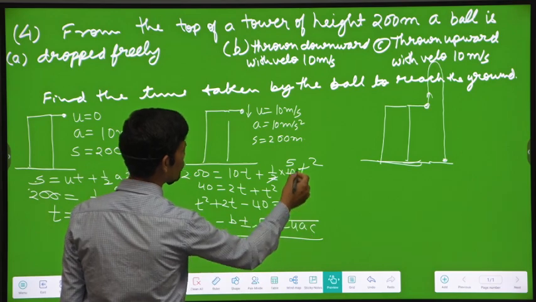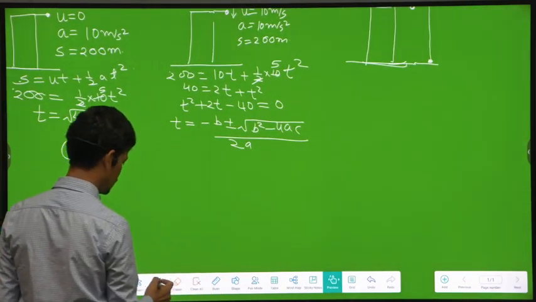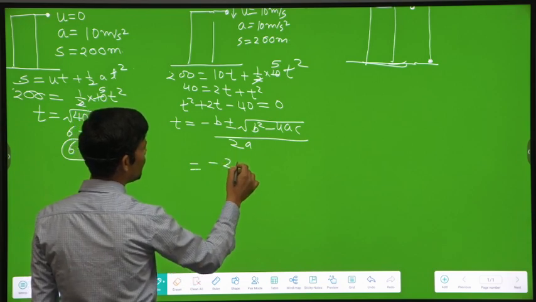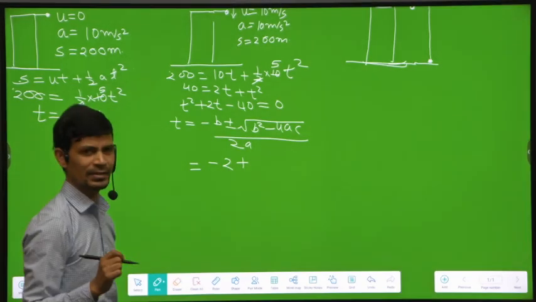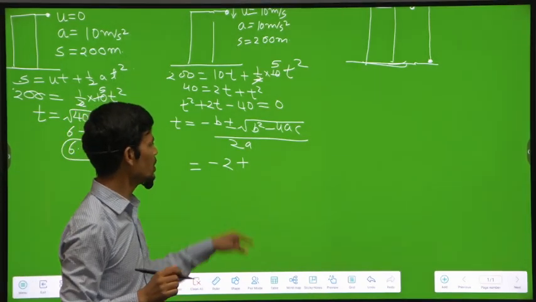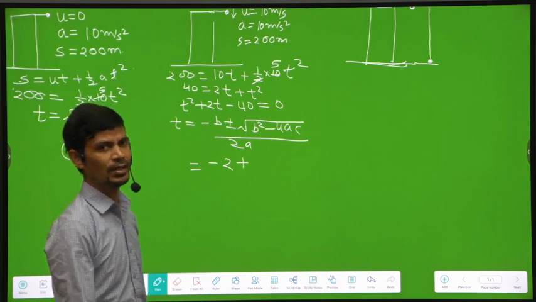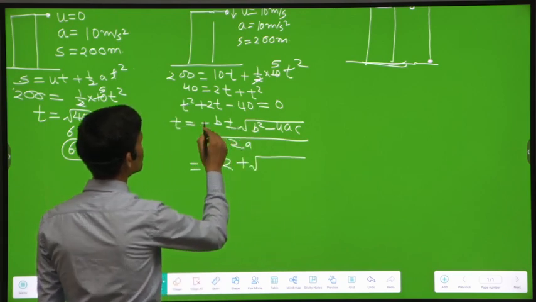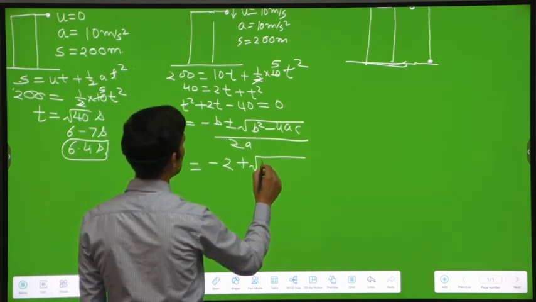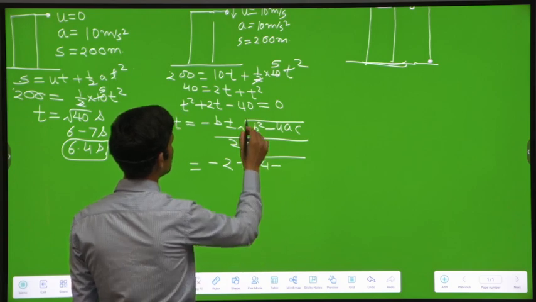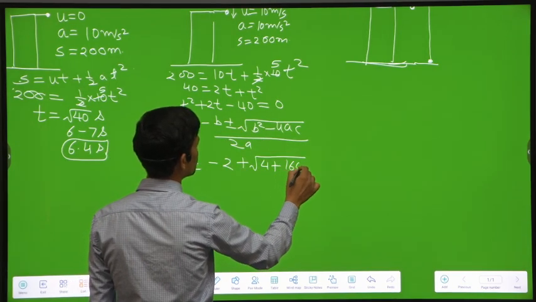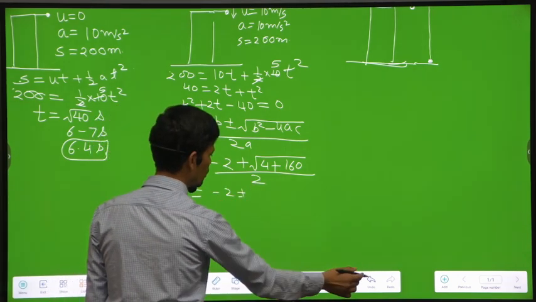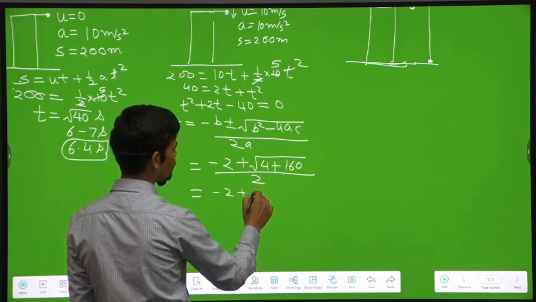So here, minus b plus minus, I am taking only plus, because if it would be minus then time cannot be negative. So b square, that is 2 square, 4, minus minus plus, minus 2 plus only plus 164.